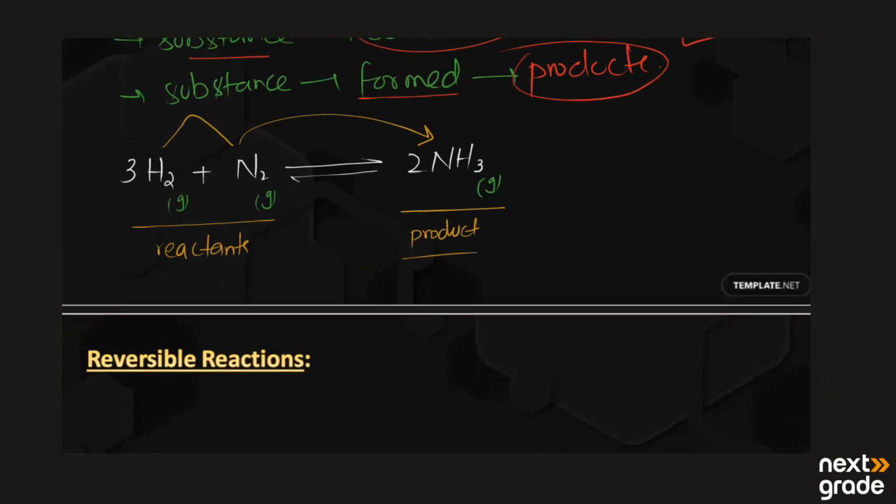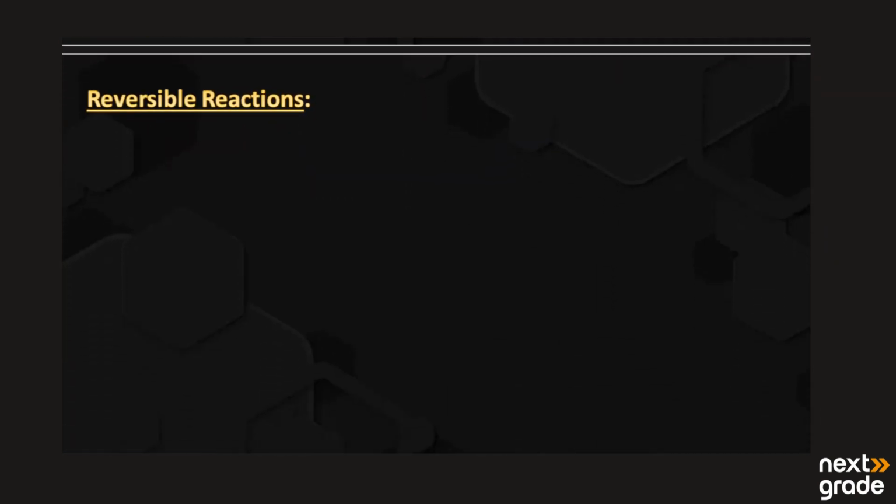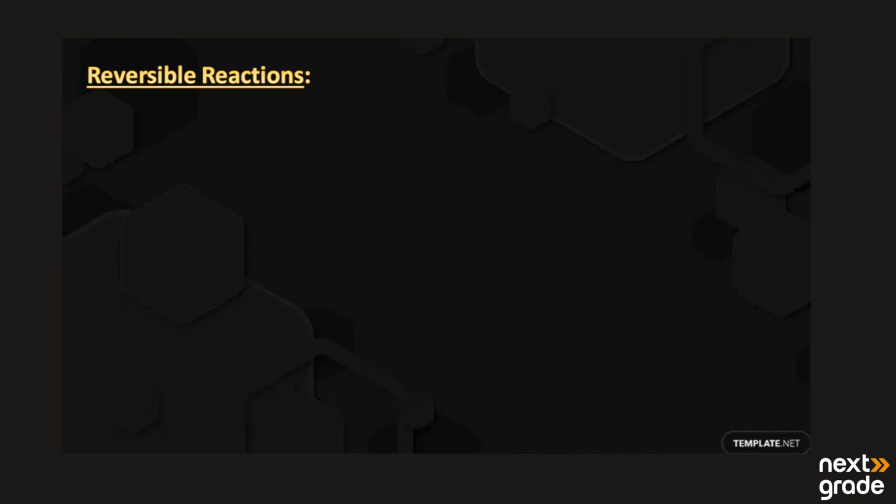Next we have the two types of chemical reaction. The first one is the reversible reaction. So what is meant by a reversible reaction? Let's have an example before the definition. We have hydrogen and iodine. These two substances combine and form hydrogen iodide.